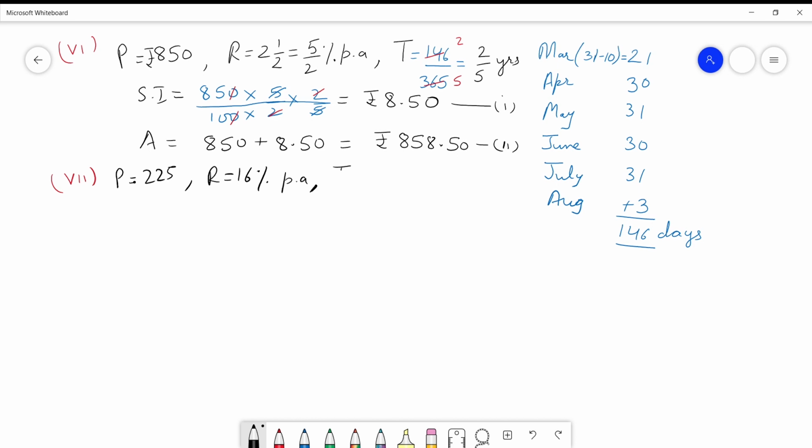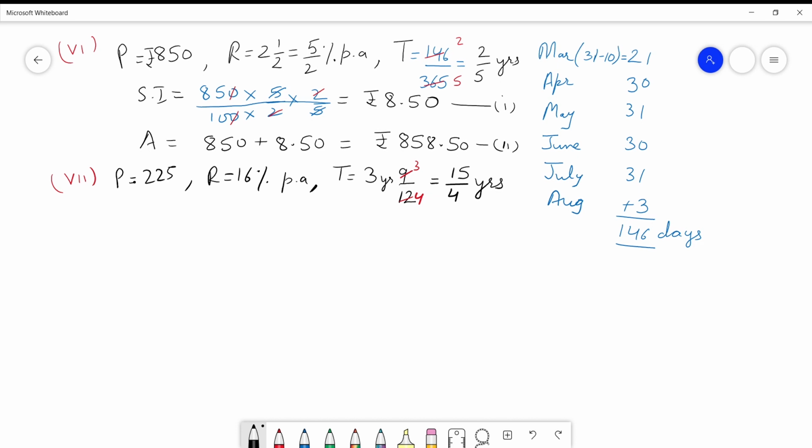And the time given to me is 3 years, 9 months. So only 9 I have to divide with the 12, the months in a year. So I cut it with the 3, 4. So this is 3 over 4. When we convert, we'll get 3 fours are 12 plus 3, 15 over 4 years.